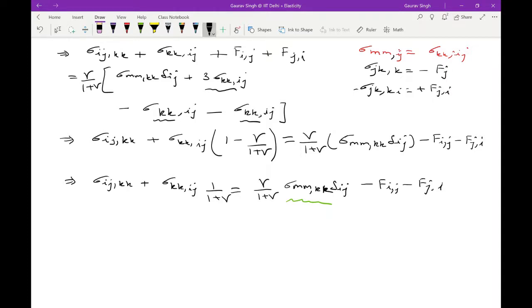So what we'll do is we'll put i equal to j, and this relation should then reduce.